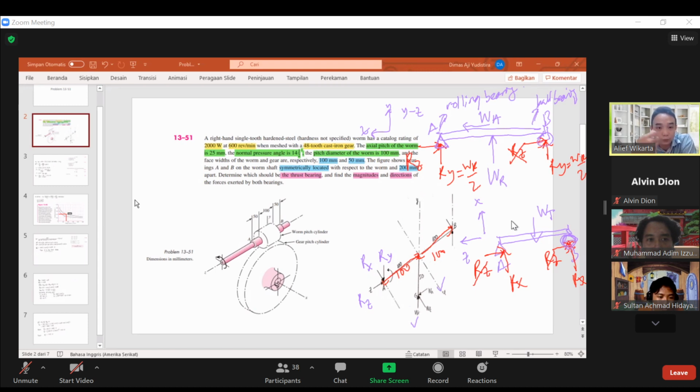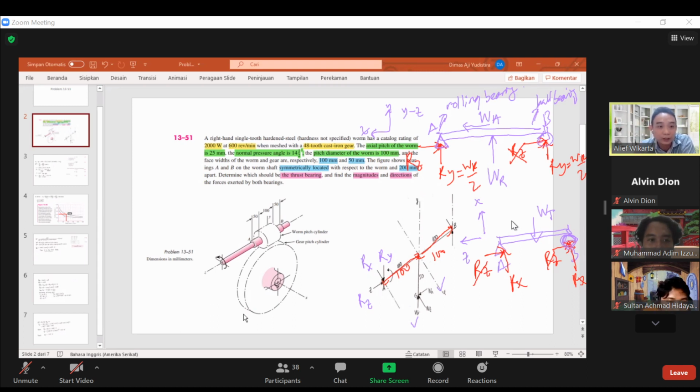If we say thrust bearing, it can only support the axial force. A thrust bearing cannot support the radial force. But in this condition, for the worm shaft, it supports the axial force and also the radial force, right?